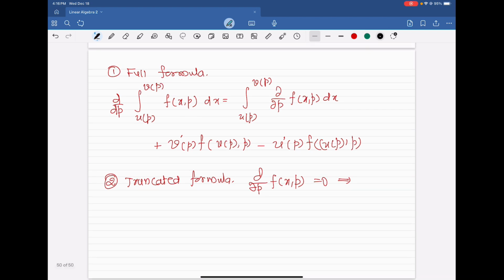That says d by dp of integral u to v, where these are variables of p. I am just taking out p for simple appearance, aesthetics purpose. That is equal to, this is 0, hence v dash function vp minus u dash function up.